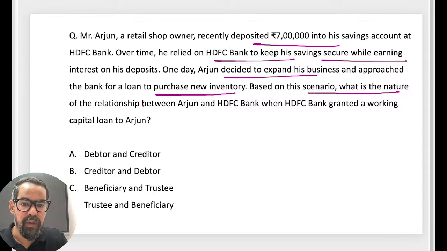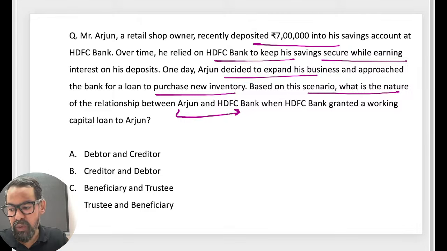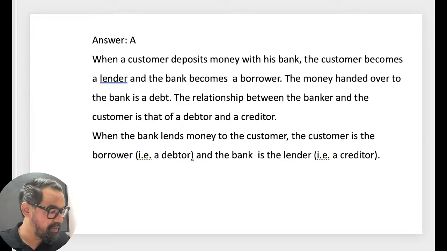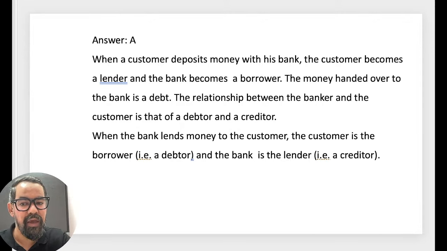Based on this scenario, what is the relationship between Arjun and SDFC? Here the customer name is first, then the bank name. So Arjun will work as a debtor and the bank will work as a creditor in this relationship. So option A will be the right answer for this question.